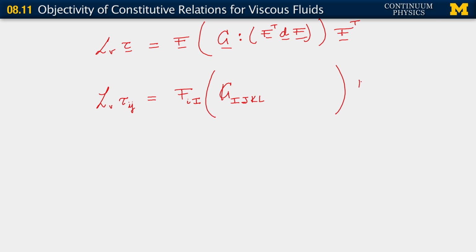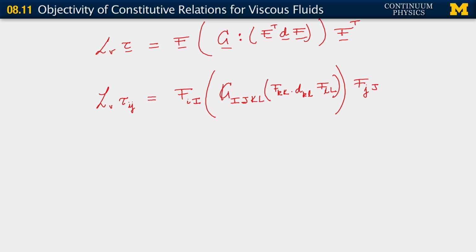I know that out here I'm going to get an F j capital J, and inside here I know that I'm going to get a D little k little l. So it follows that here I need to have an F k capital K, and here I need to have an F l capital L. Okay, why does all of that work?